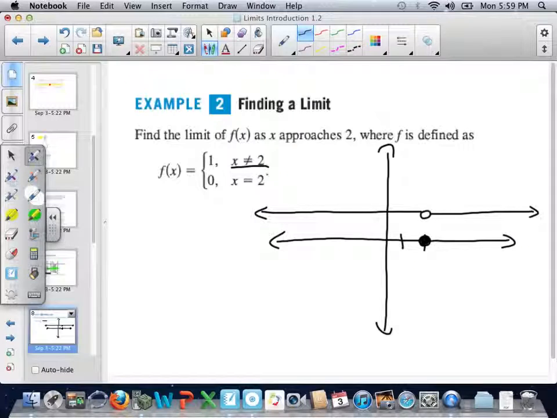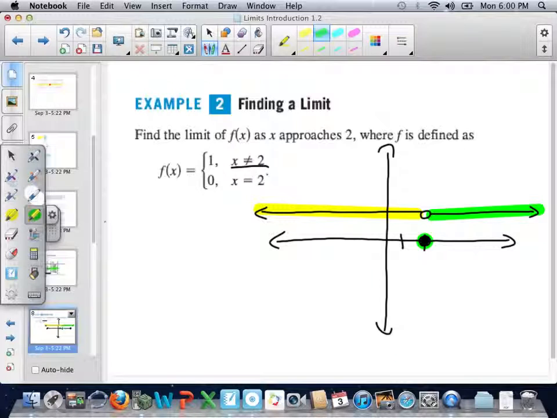So we sketch a quick graph. As we look at it, we get closer and closer from the left side. What number do we get closer to? And as we get closer and closer from the right side, what number do we get closer to? Not necessarily what number the function is, because the function is 0 at 2.